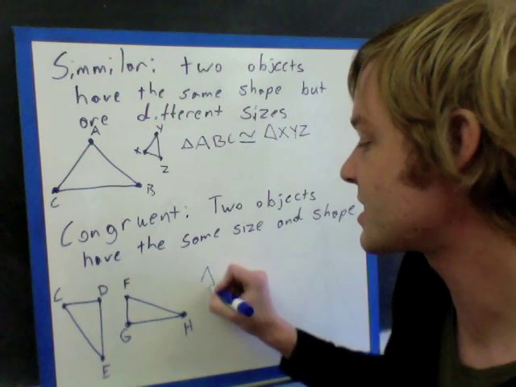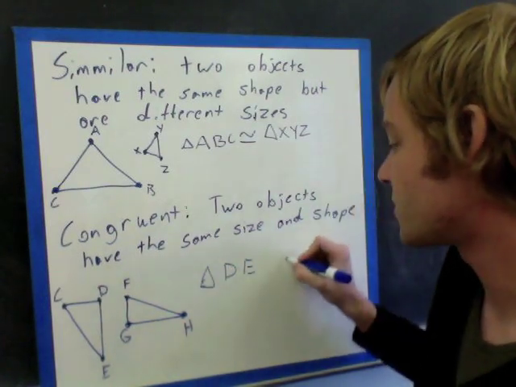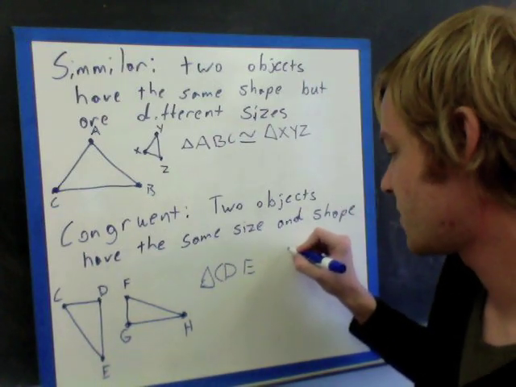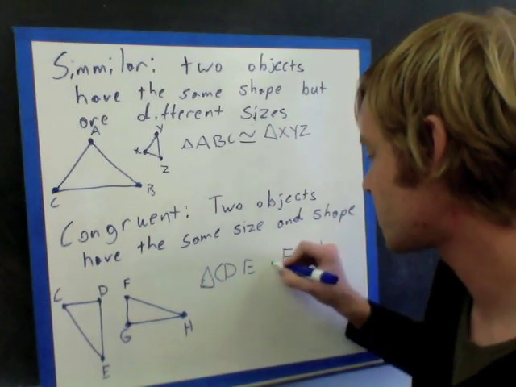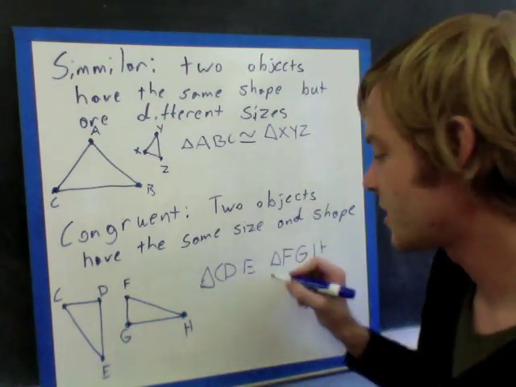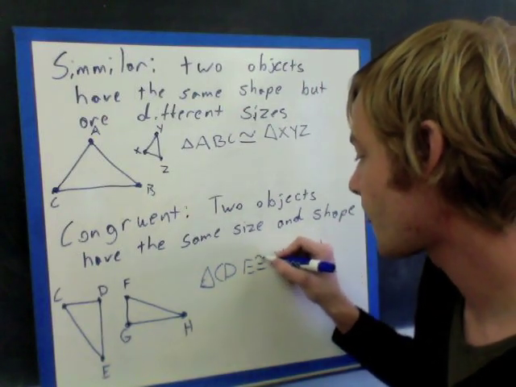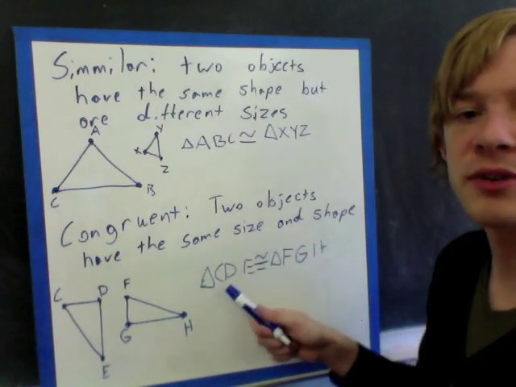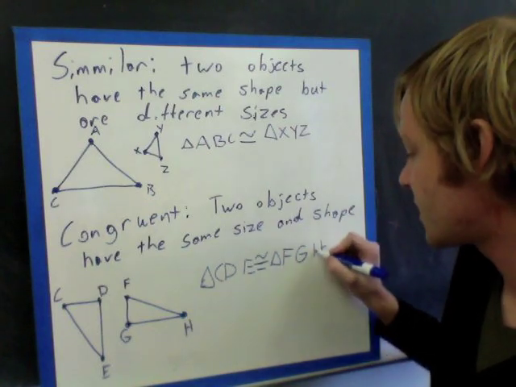So I've got triangle CDE and triangle FGH. And the way that I say these are congruent is I have a regular equal sign with a squiggly on top. So triangle CDE is congruent to triangle FGH.